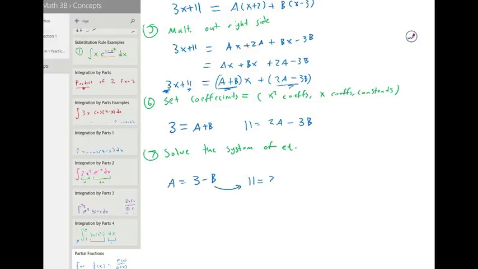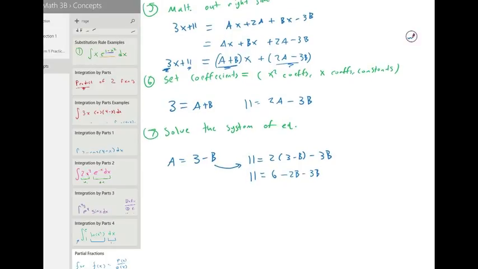So 11 is going to be equal to 2 times (3 - B) - 3B. 11 equals 6 - 2B - 3B. Subtract 6 from both sides, 5 equals -5B.